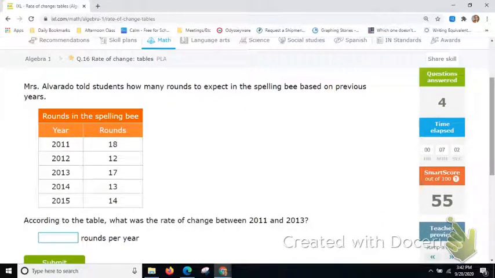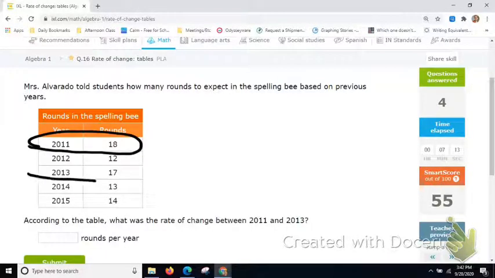So here we get our first one that we're going to have a second step besides the subtraction. So this time we're using 2011, and 2013. So since it says per year, the years are what gets subtracted in the bottom.